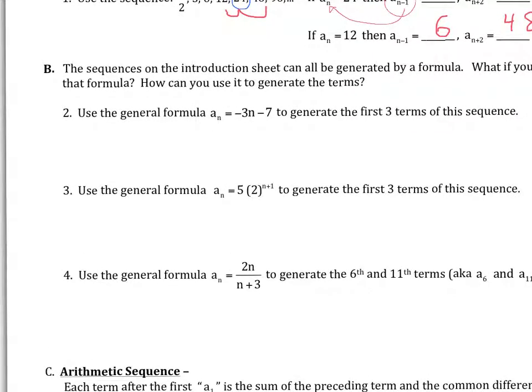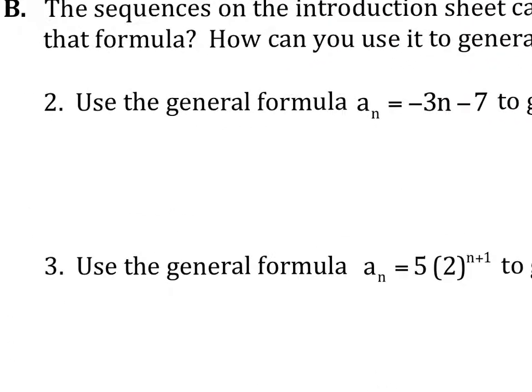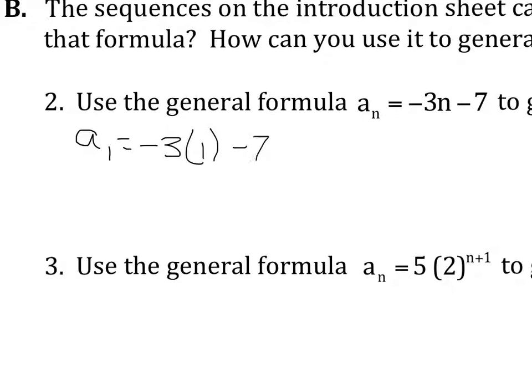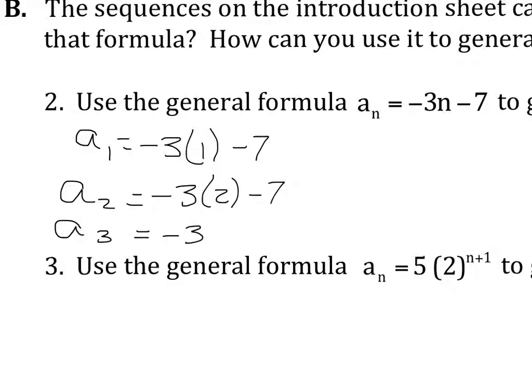So if I want the first 3 terms, your first term would be represented by A sub 1, which would be negative 3 times 1 minus 7. A sub 2 would be negative 3 times 2 minus 7. And A sub 3 would be negative 3 times 3 minus 7.